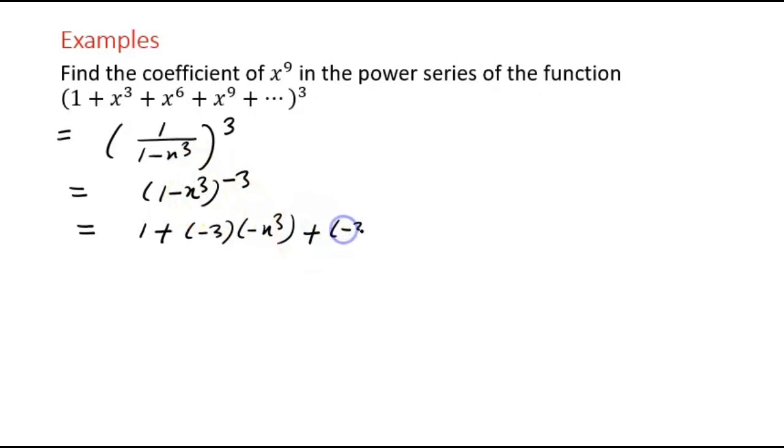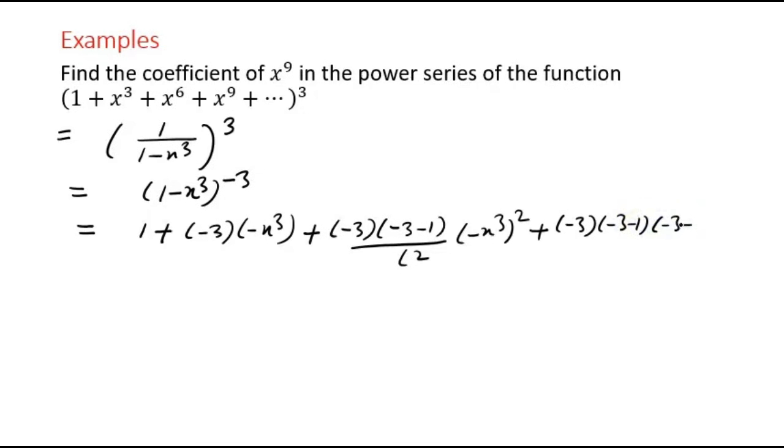Plus I write (minus 3)(minus 3 minus 1) by factorial 2 and then (minus x cube) square. Then I write (minus 3)(minus 3 minus 1)(minus 3 minus 2) by factorial 3 and then (minus x cube) cube and so on. There will be other terms as well.